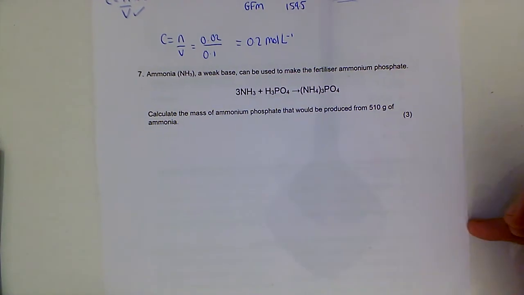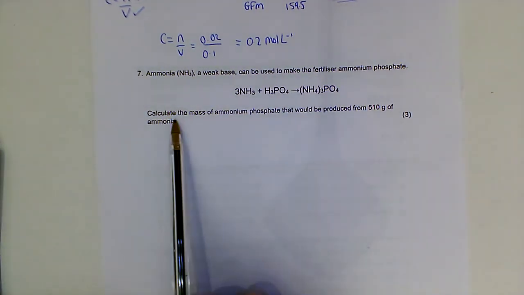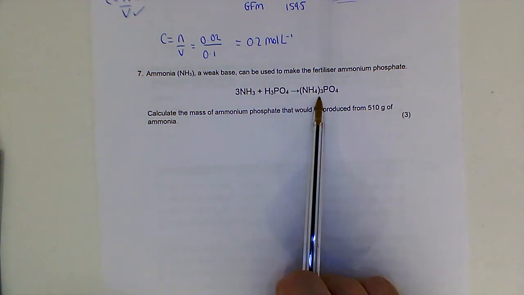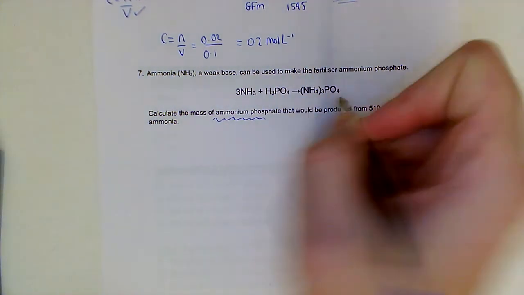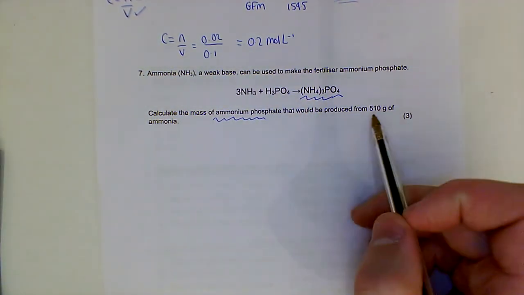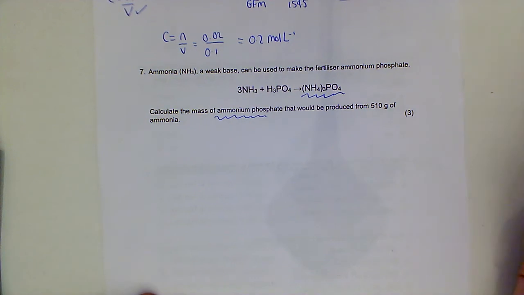Okay. Question 7. Okay, so this one, we've got a balanced equation. We've been asked to calculate the mass of ammonium phosphate. So that's ammonium, that's phosphate. So that's ammonium phosphate is this. That would be produced from 510 grams of ammonia. Okay, so just like every question, I'm going to write out everything I know.